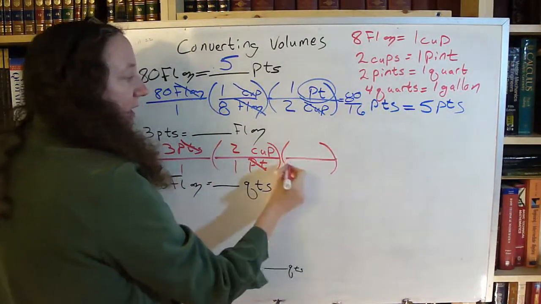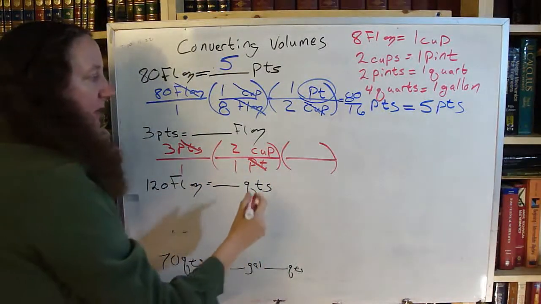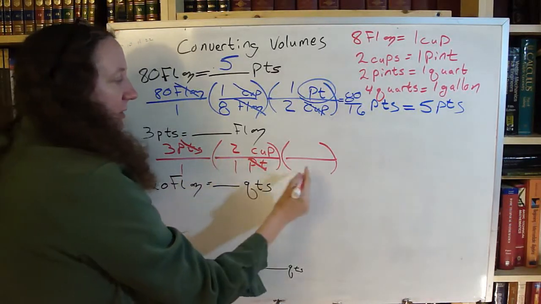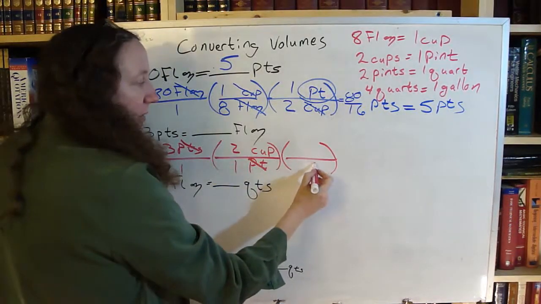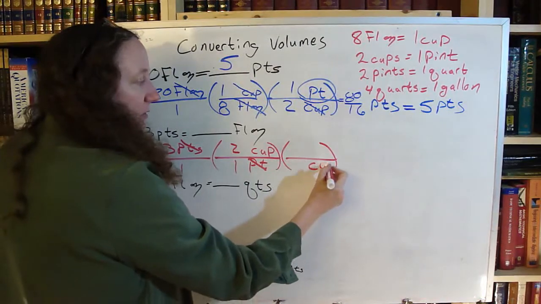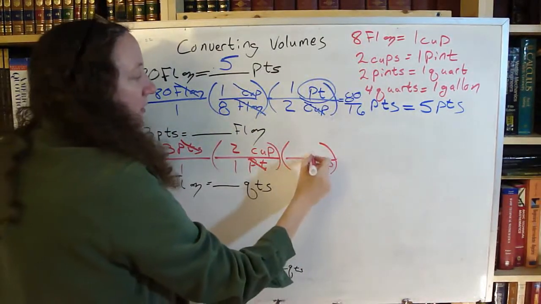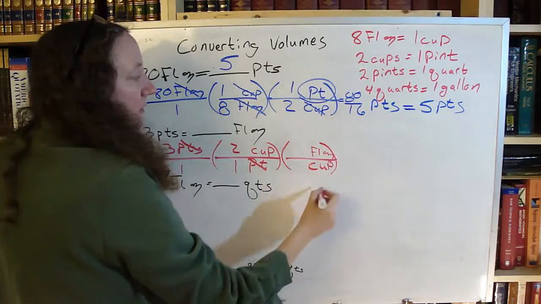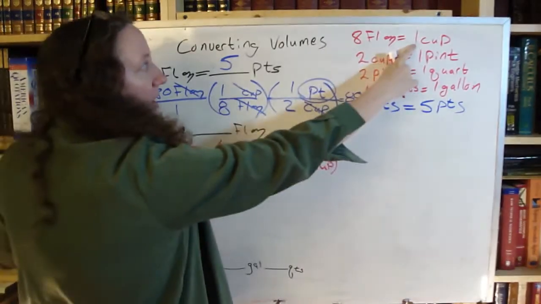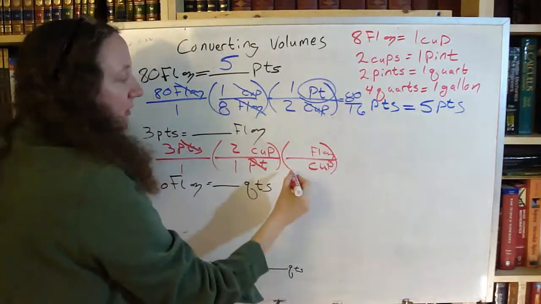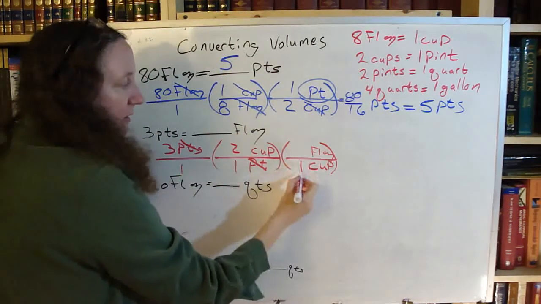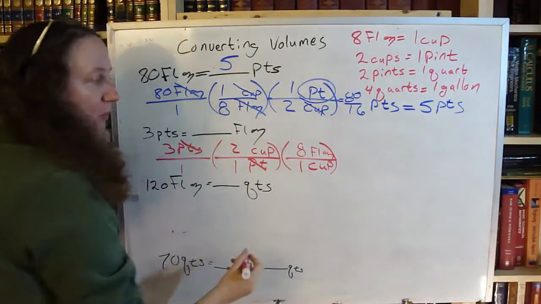So I open a second conversion factor. Get rid of cups, it's on the top. I need to put it on the bottom so it cancels out. From cups, I can go to fluid ounces. I see 1 cup is 8 fluid ounces. 1 goes with cup. 8 goes with fluid ounces.